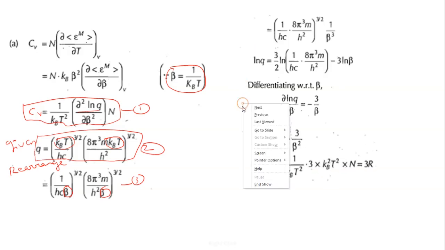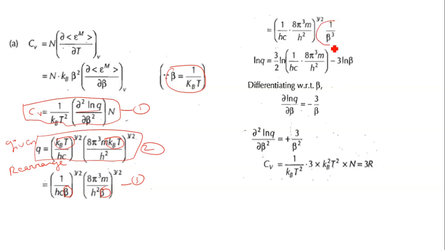Now you will get this form. Listen. You make the beta outside, it is 1 by beta to the power 3. Now you differentiate this equation, take log on both sides. Now you will get ln Q equal to 3 by 2 ln of (1 by h square) into (8 pi cube m by h square), minus 3 ln beta. Now differentiate this equation with respect to beta, that is dou ln Q by dou beta.